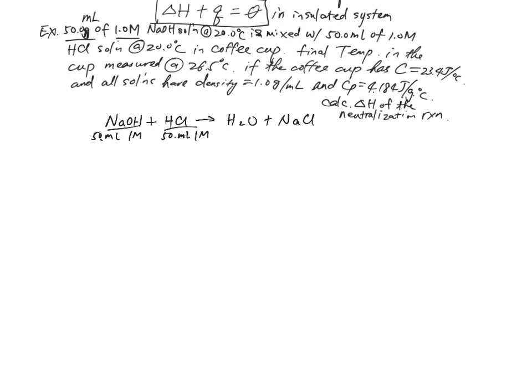You have two reactants reacting with each other in a 1-to-1 molar ratio, and you have the same volume and same concentration, so you have the exact same amount, okay? This is a stoichiometric amount for both reactants. So at the end of the reaction, both your sodium hydroxide and your hydrochloric acid are gone. Okay. So this one's definitely not about stoichiometry.